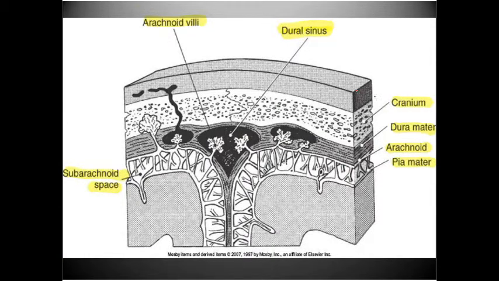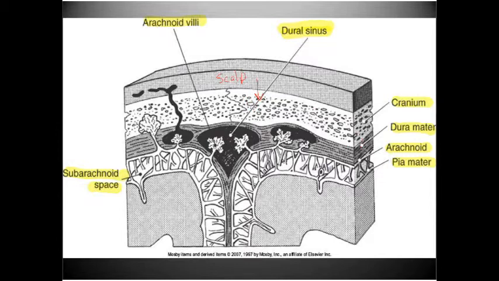So here we have a sagittal or cross-sectional view of the way the brain and the skull fit inside of this space. Here we have the scalp, and just below the scalp we have the cranium, which, as we can see, is porous bone.